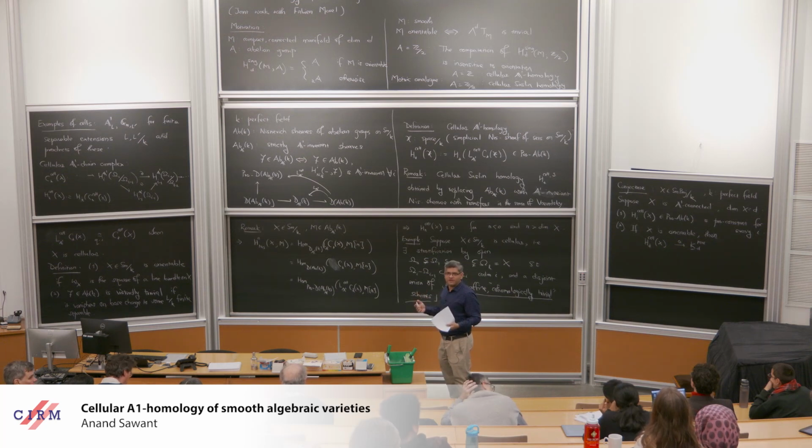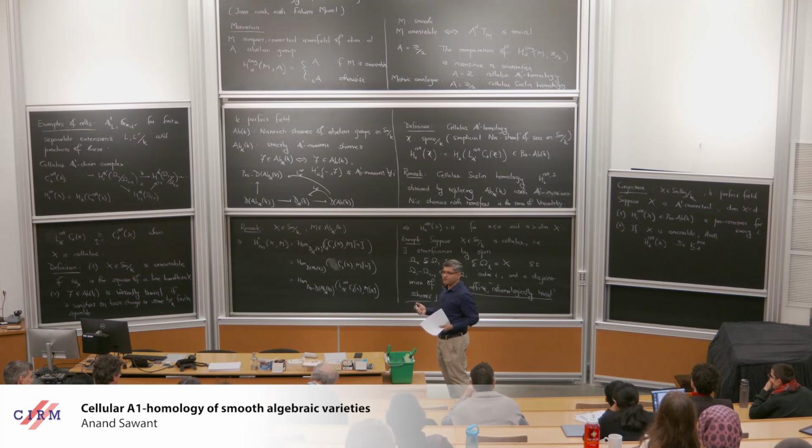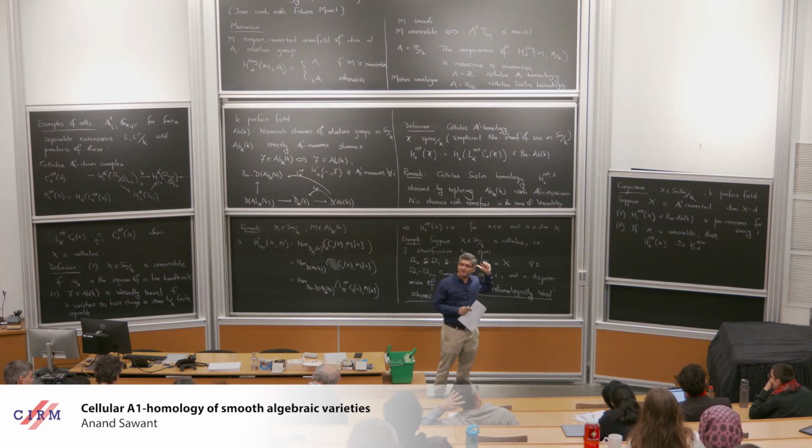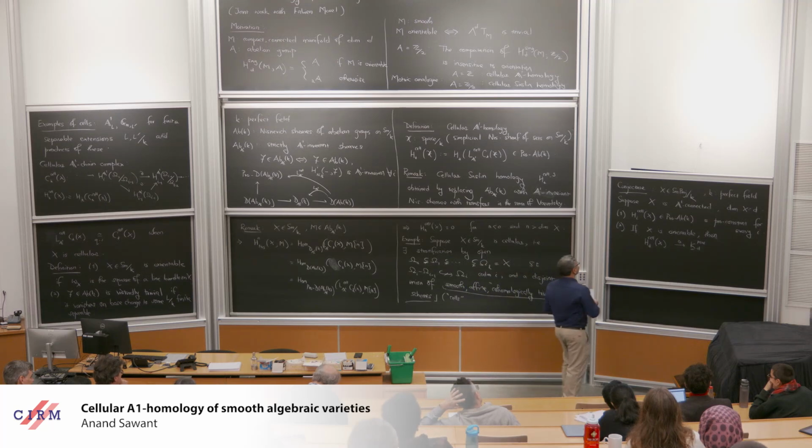Since P1 is S1 smash Gm, if you calculate Hn of P1 smash n, this is H0 A1 of Gm smash n. And this by a theorem of Fabien Morel is Milnor-Witt K-theory in dimension n. So that's why this is the replacement for Z. I will not write it down unless somebody insists.